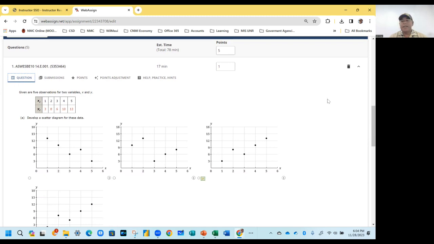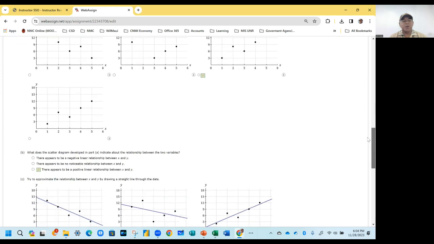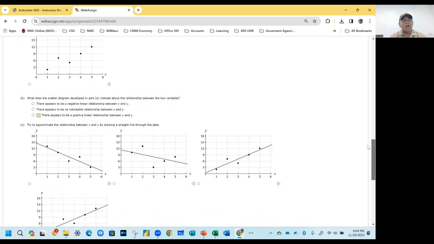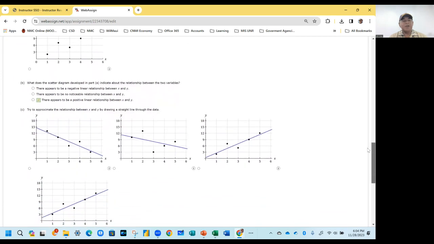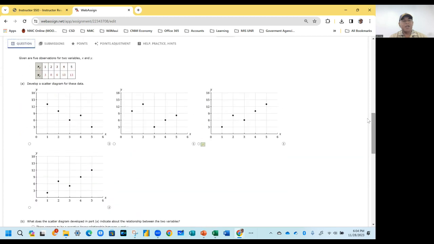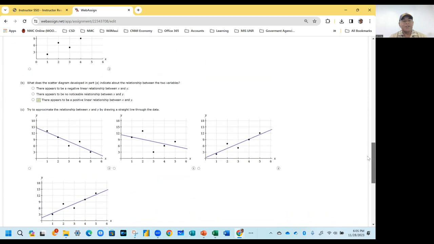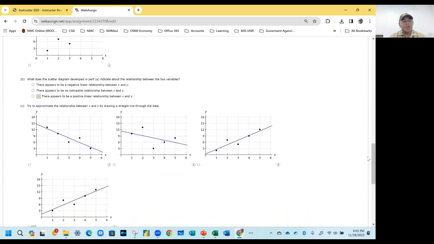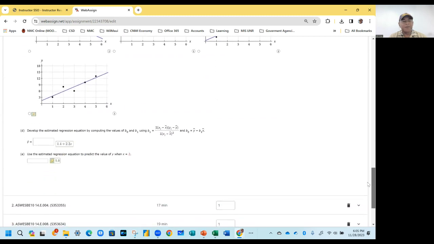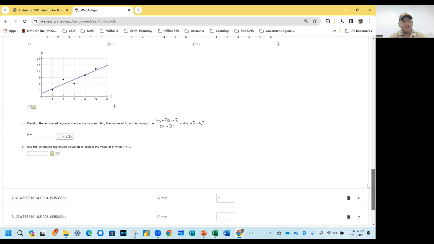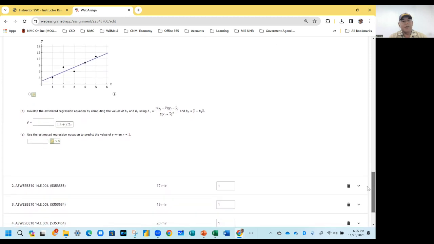The first question is to develop a scattergram for these data. The second one is an interpretation of that. And then the third one is to develop the estimated regression equation, computing the values of the coefficients.